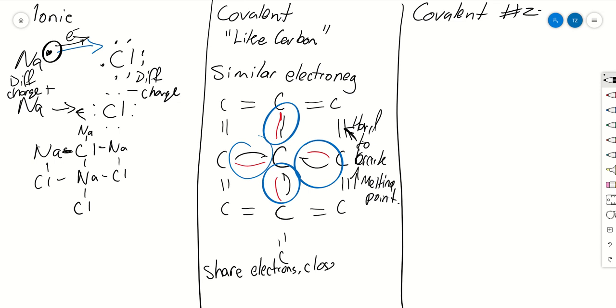Close electronegativities. And then finally, the second type of covalent bonds that we have, this is what happens between different nonmetals. The most common one that we have is water. So here we have different electronegativities.